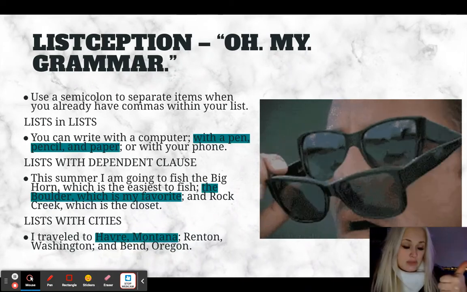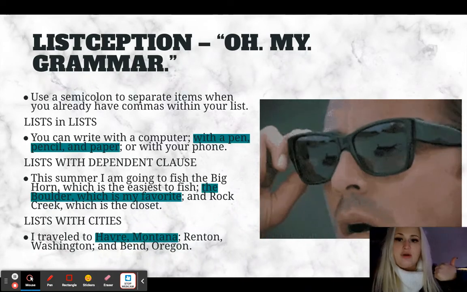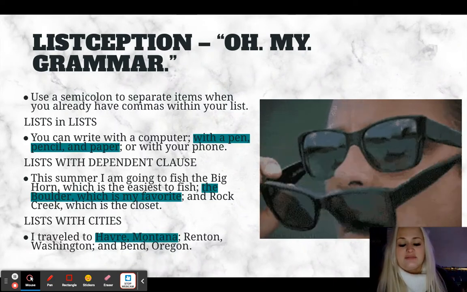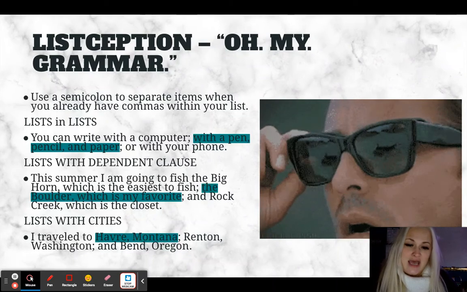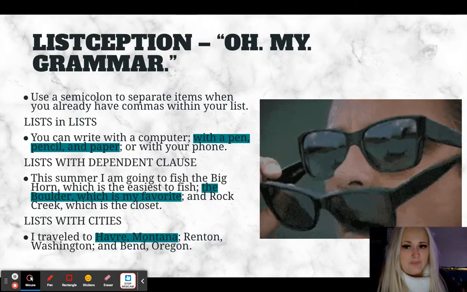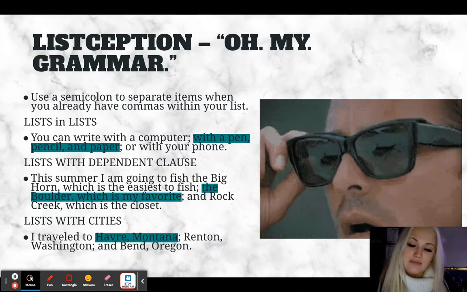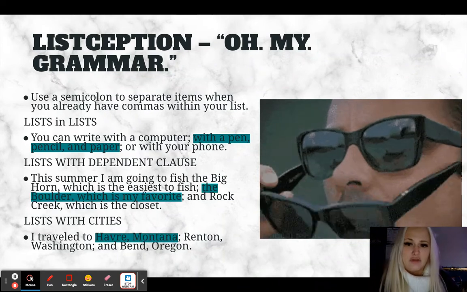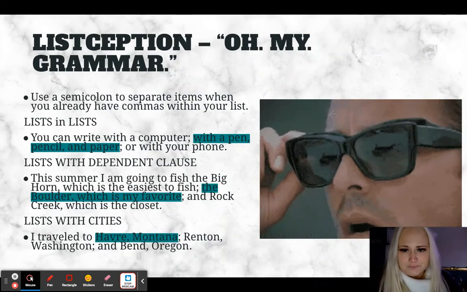You can do it on your computer, with a pen, pencil, and paper, or with your phone. Now, if I'm spelling that out, then it's going to be a little bit more difficult because I have to add in that you'll need a pen, pencil, and paper there. So I have to do computer, semicolon, there's my list in the middle there with a pen, pencil, and paper, semicolon, or with your phone.